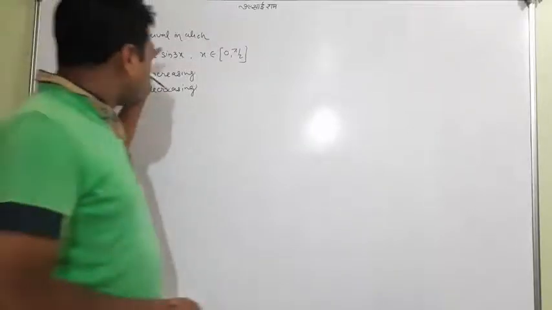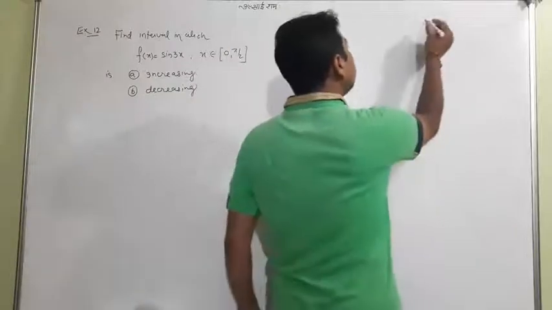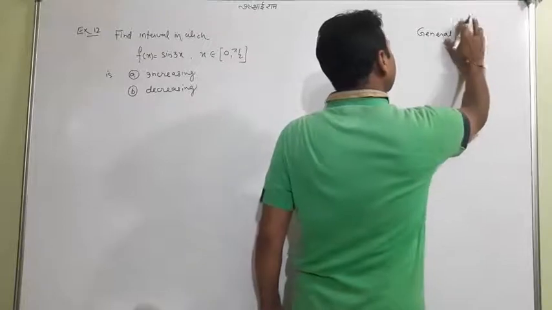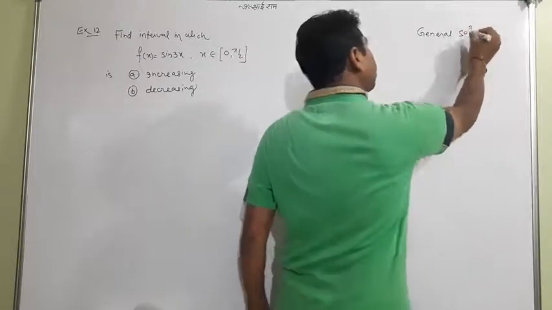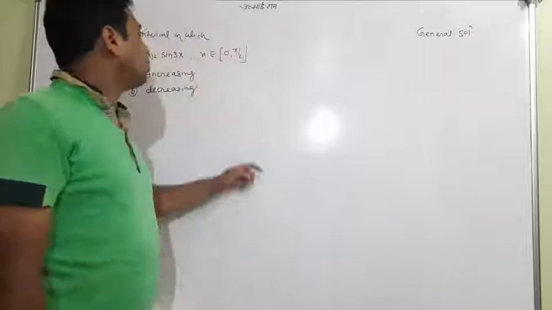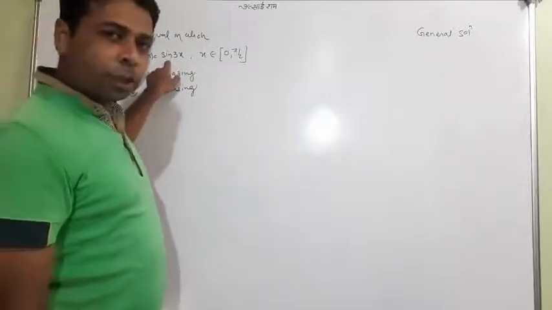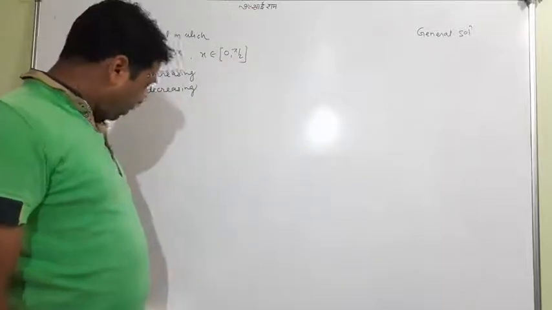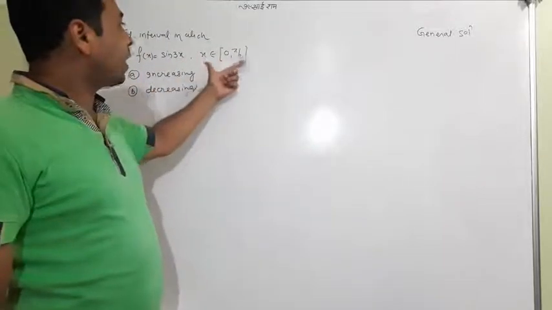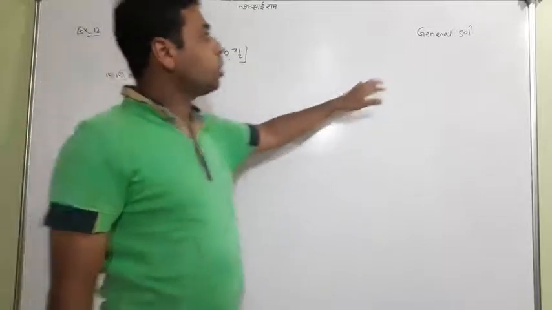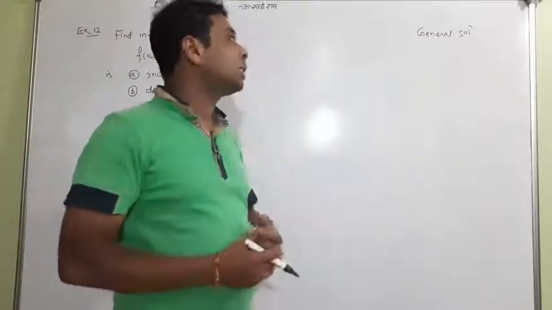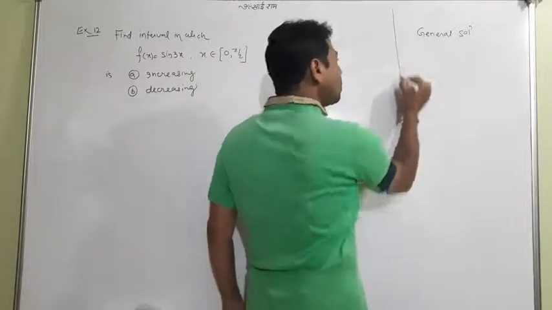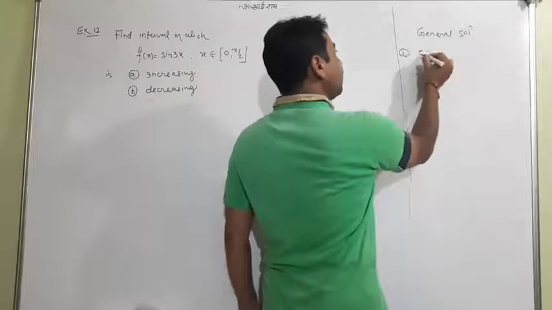So okay, before starting the concept, I just want to tell you about the general solution. That is very important as far as the critical point is concerned. Whenever a trigonometric function comes, this kind of interval will always be given. The general solution concept was in class 11th, and I just want to remind you of it.